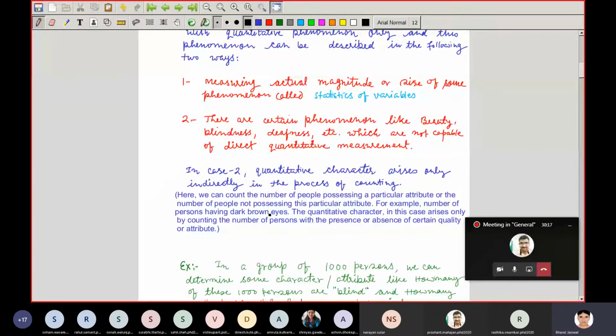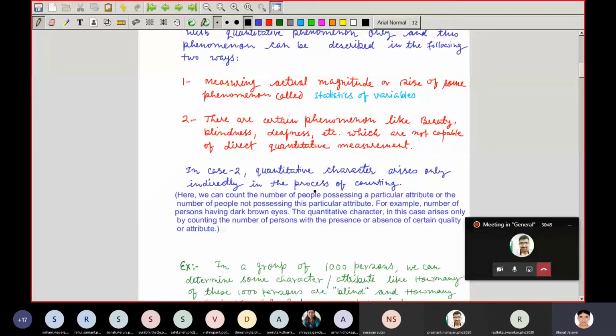We can only say presence or absence, whether persons having the quality are present or not present in a certain quality, attribute or characteristic. So we cannot determine directly the quantitativeness of this type of quality. That is why we study such type of data in attributes, or the association of attributes.